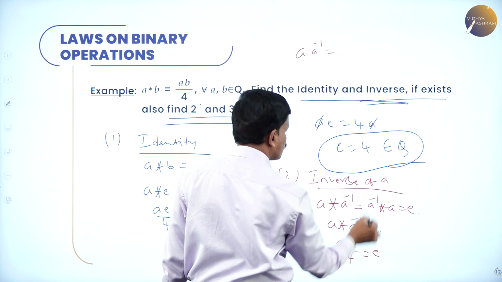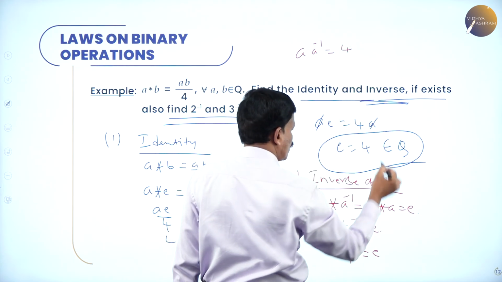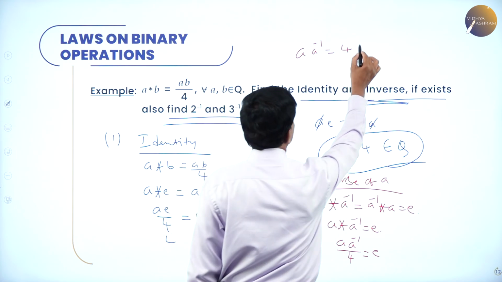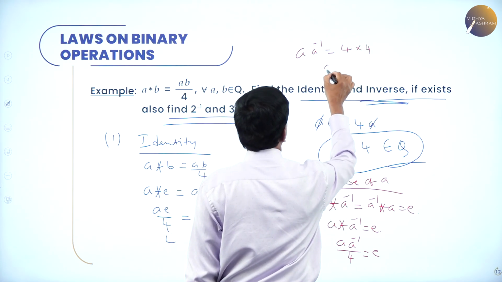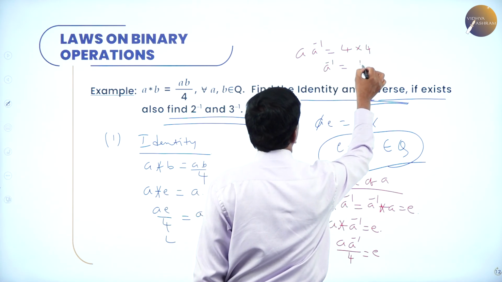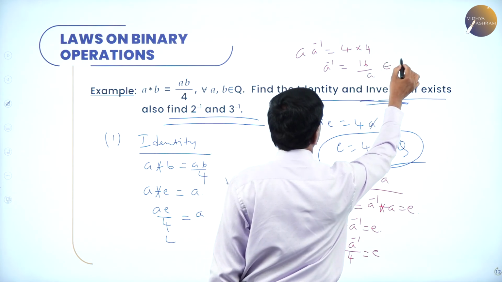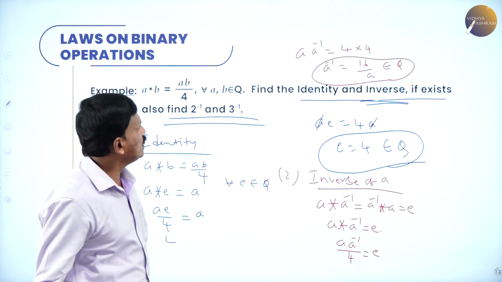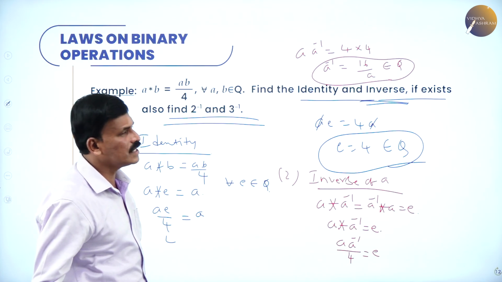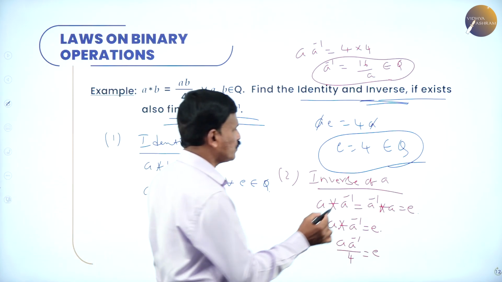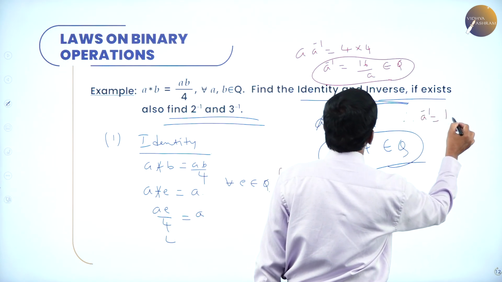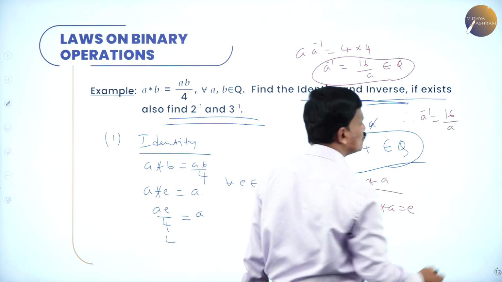A inverse is equal to 4 into the identity element, which is 4. So A inverse is equal to 16 by A, which belongs to Q. 4 fours are 16 by A. Therefore the inverse of A is 16 divided by A. That's it.